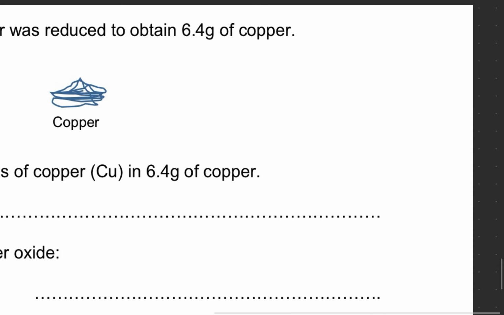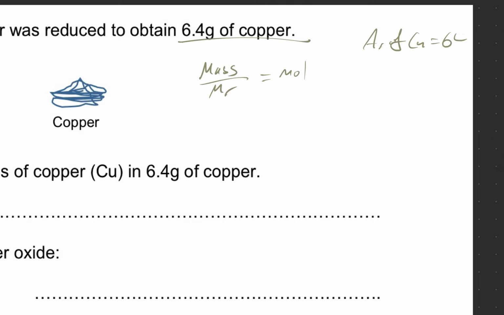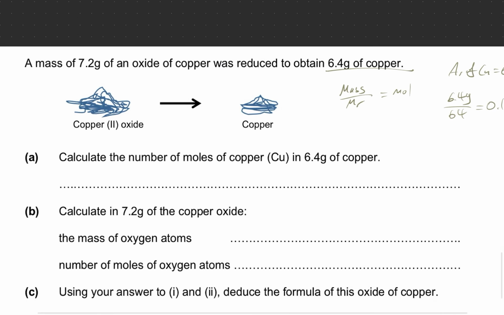Remember just now, which way will allow us to find the number of moles using mass? That's right. We use the mass over MR. The AR of copper is 64. So 6.4 grams divided by 64 will give you 0.1 moles.